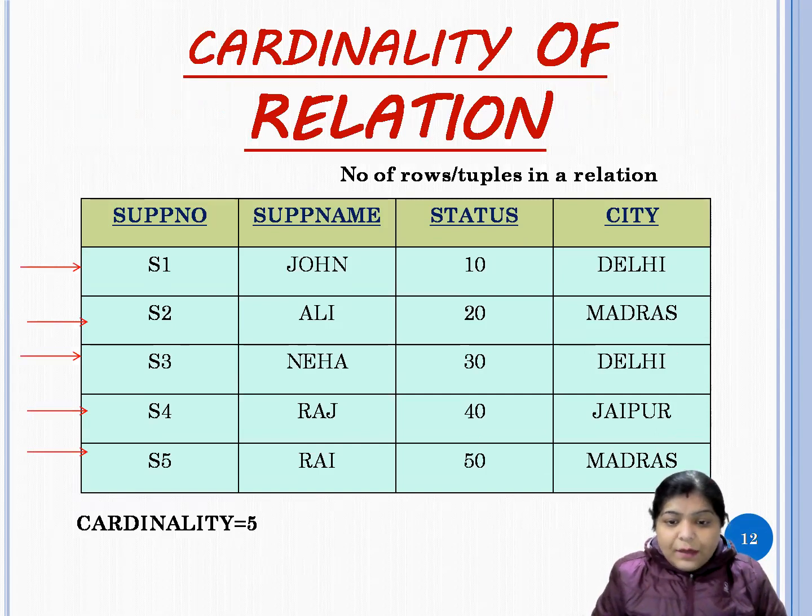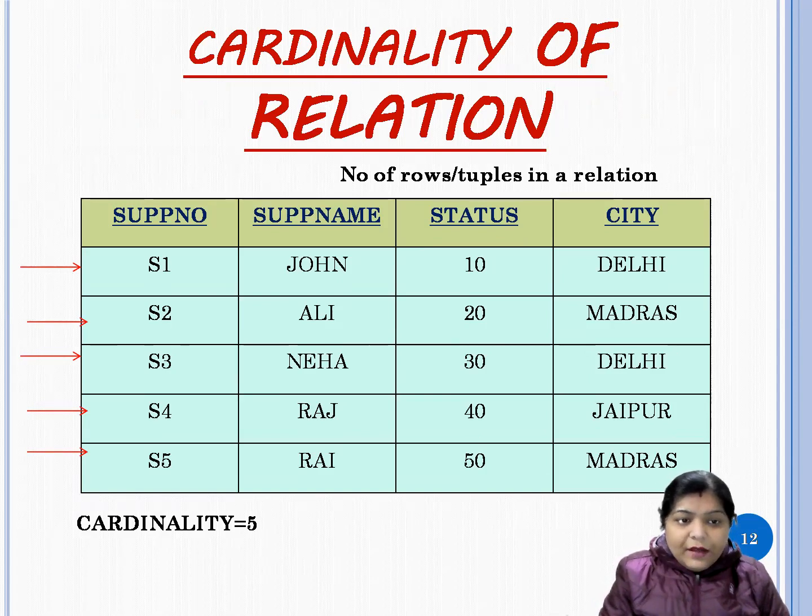So the question comes combined: what is the degree of the relation? What is the cardinality of the relation? Cardinality is the number of rows or tuples in a relation. So how many rows or tuples in a relation, that is known as the cardinality. So see here S1 row, S2 row, S3 row, S4 row and S5 row.